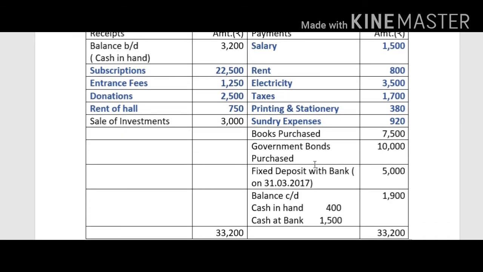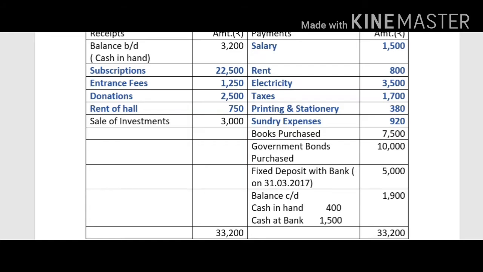Then on the receipt side, find out those items which are revenue in nature. Like for an NPO, subscription is revenue in nature. Regarding entrance fees, we already have studied that if nothing is specified in the question, then we will assume it to be a revenue receipt. Next item is donations.